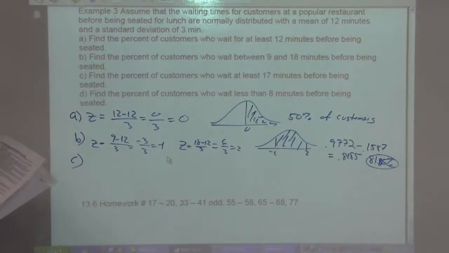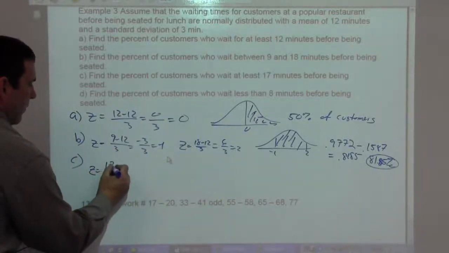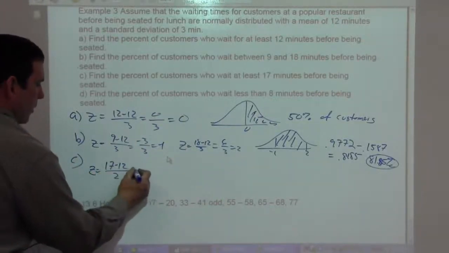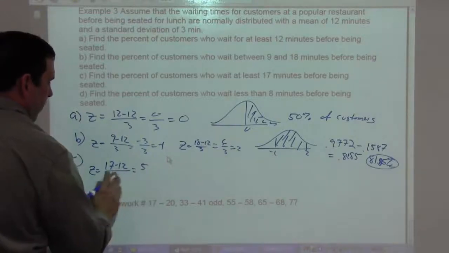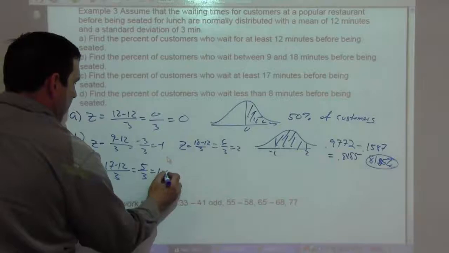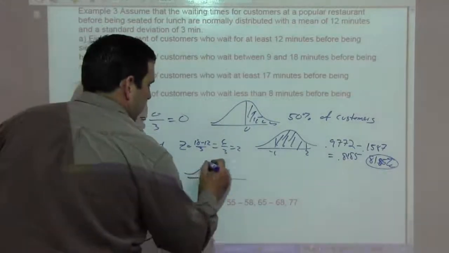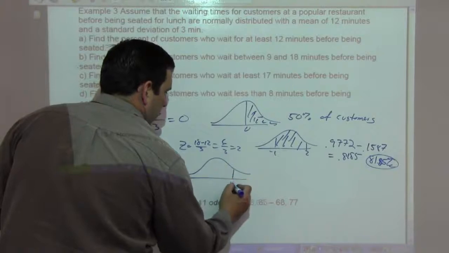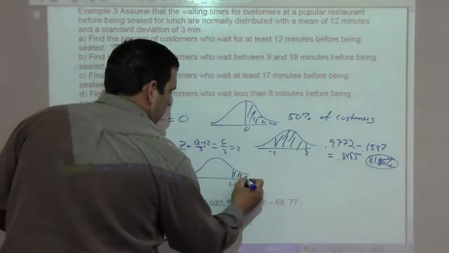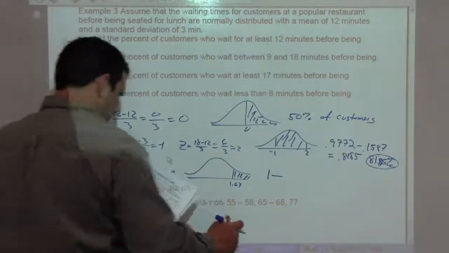For C, find the percent of customers who wait at least 17 minutes before being seated. So it's 17 or more. So z is going to be 17 minus 12 over 3. That's going to be 5 over 3, 5/3 or 1.67. So I'm looking at this chart for 1.67 up that way. That's going to be 1 minus the value going to the left.